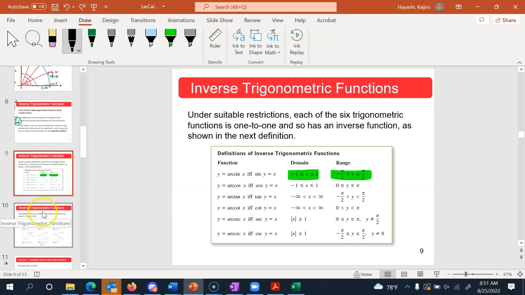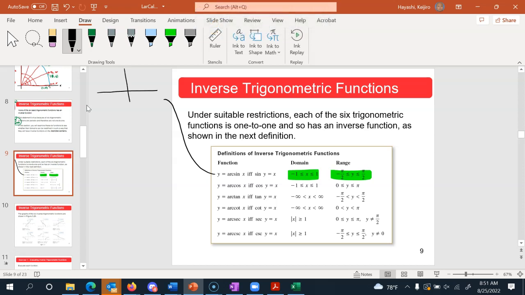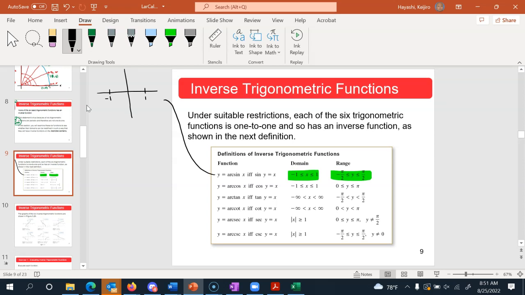So there are going to be graphs of these to show, but I'll just draw them right here anyways. So this one's the one that we just saw. The domain of arcsine went from -1 to 1.